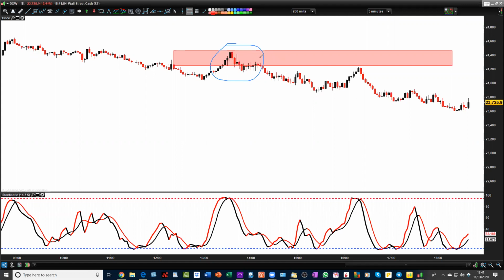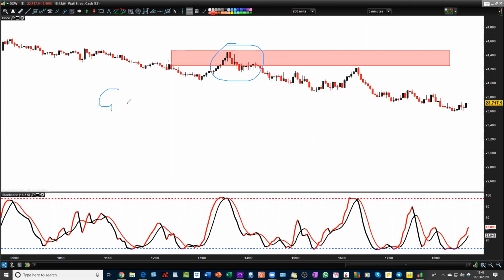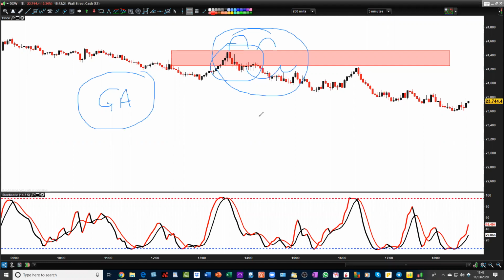So in the trading room we have what we call a golden anchor, because sometimes these markets fly in one direction, move in another direction, and just chop you around. Now this particular day is nice and clean, but you can get a lot of noise in this, and the golden anchor system is hopefully going to keep you out of that. Hence the reason why it's called a golden anchor.